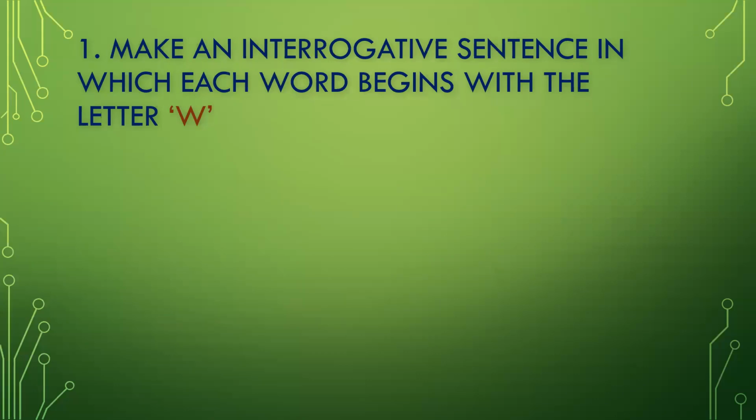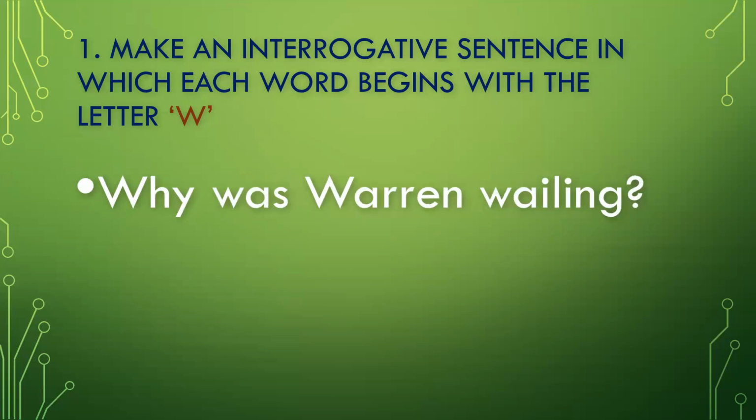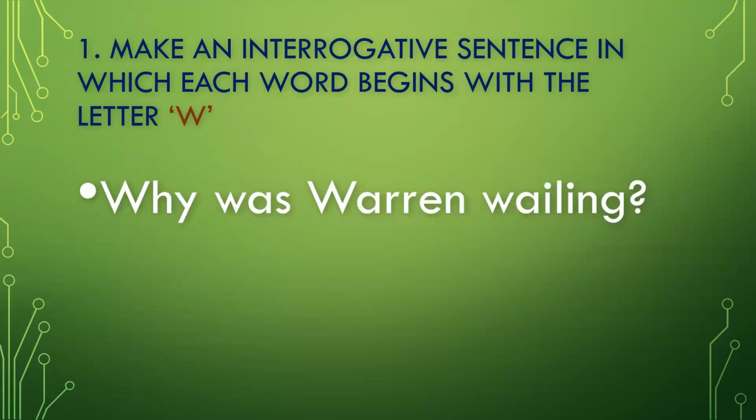And each word must begin with the letter W. Well, if I can do it, so can you. Here's my answer. Why was Warren wailing? Interesting. If you see carefully, you will notice that each word begins with the letter W. Why was Warren wailing?